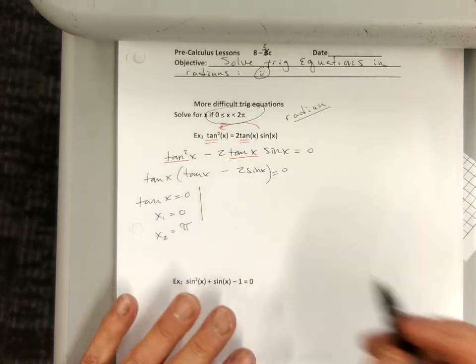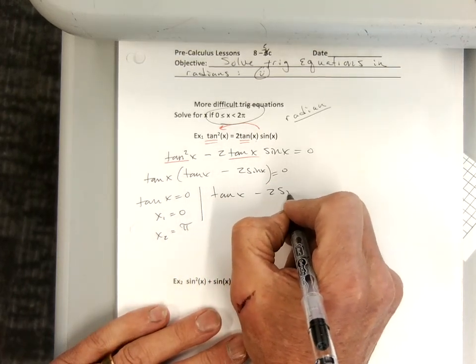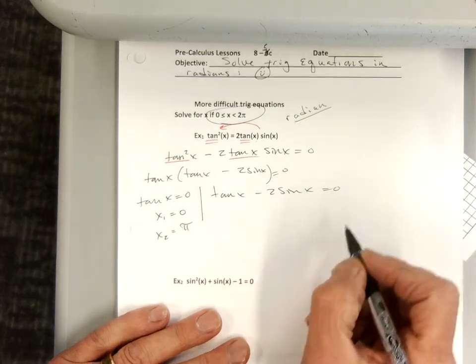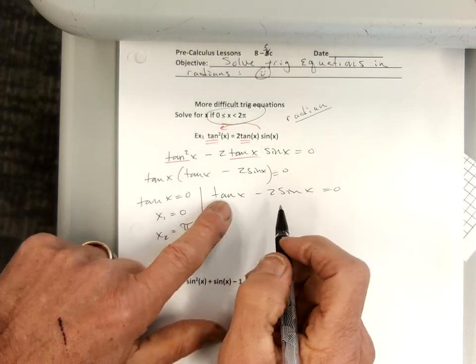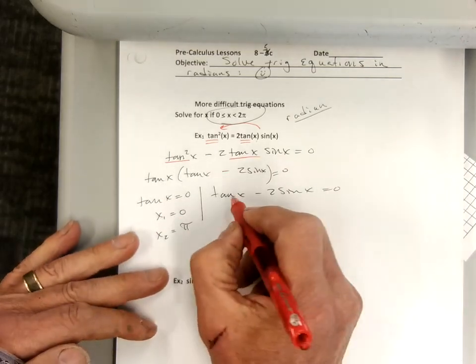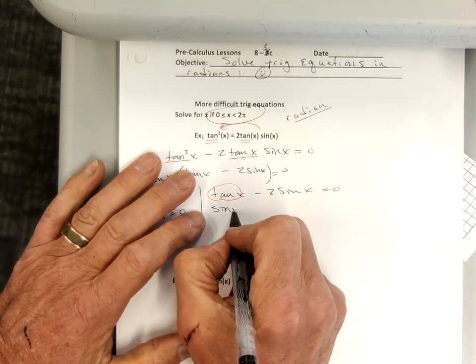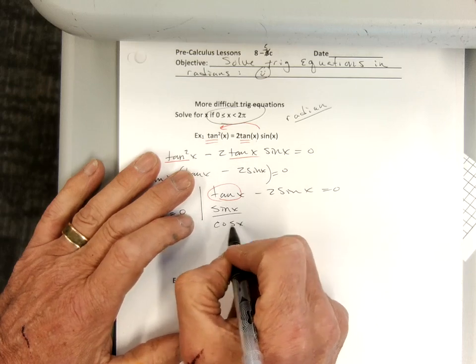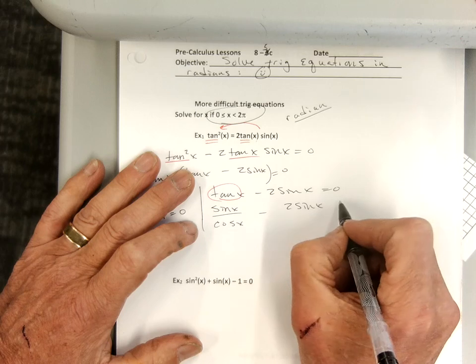Okay. Now the second part of this, tangent of x minus 2 sine of x, seems a little weird, but I'll change tangent into a sine over cosine. Sine of x over cosine of x minus 2 sine of x equals 0.